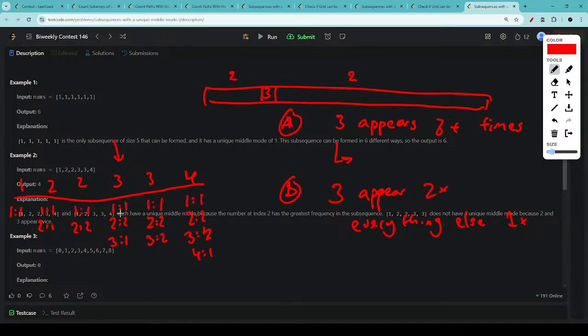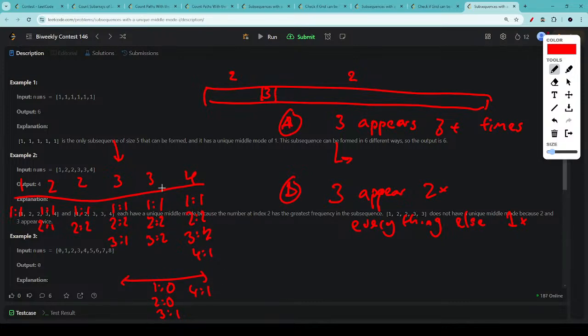So 1 appeared once, 2 appeared twice. So I know on my right, 1 and 2 did not appear. 1 is 0 times, 2 is 0 times, because this minus this is 0. 3 appeared 2 times at the end, and up to myself, it only appeared once. So 3 is once, and then 4 appeared once.